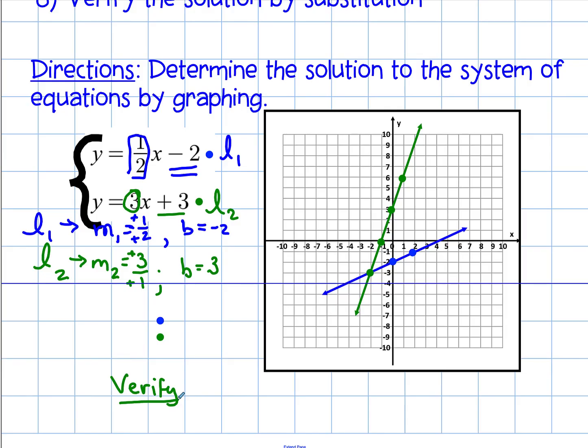Okay, so what is my solution? To say the solution, you need the coordinates, so you need an x value and a y value. So we go to the point where they're intersecting.